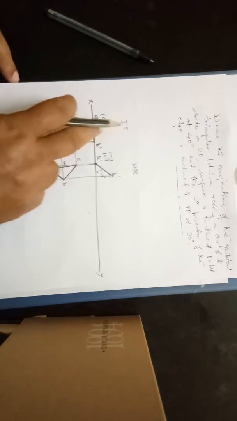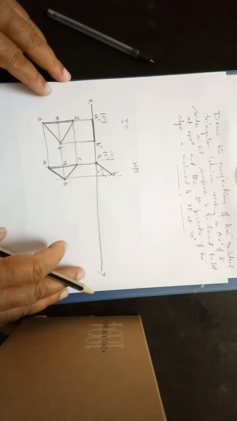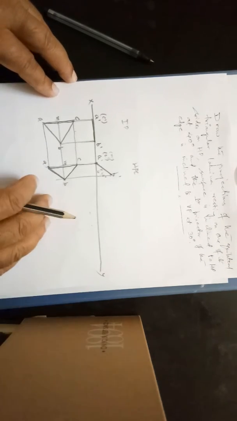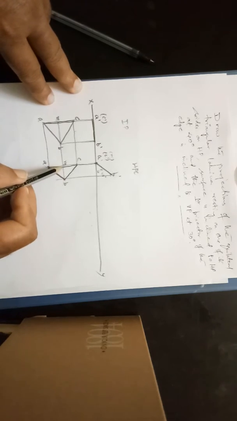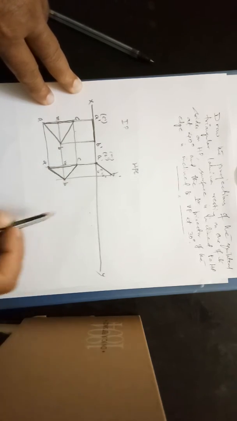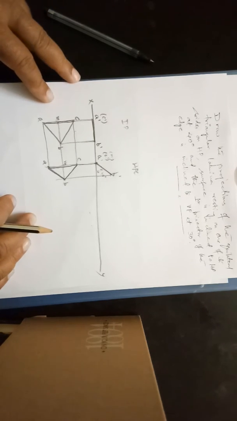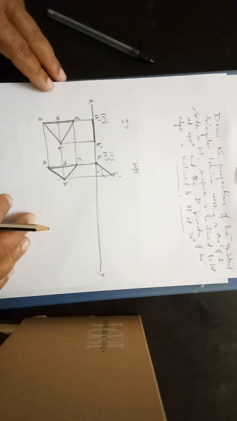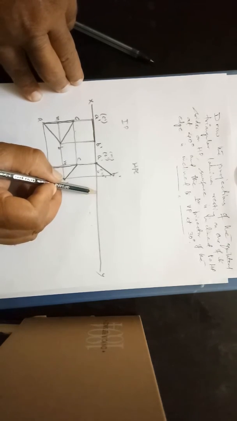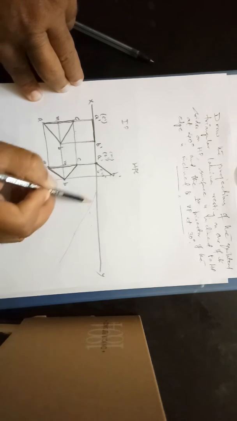Now the first two sets of figures will be similar to what we have done in the previous lecture. Now he says this perpendicular bisector is inclined to VP at 30 degrees. Inclination to VP at 30 degrees means it is the true inclination. So draw a line inclined to VP at 30 degrees.